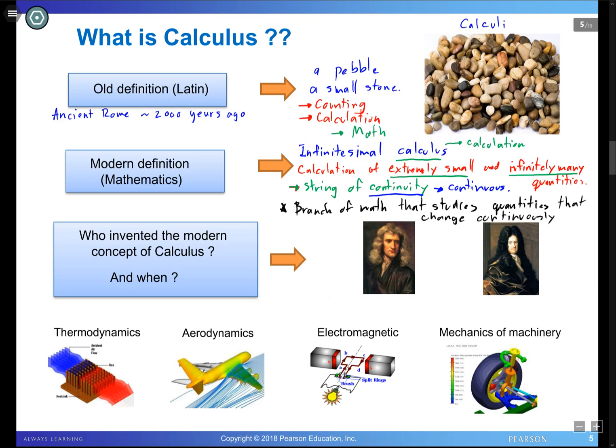Okay, the key word is right here. Change continuously, constantly changing.